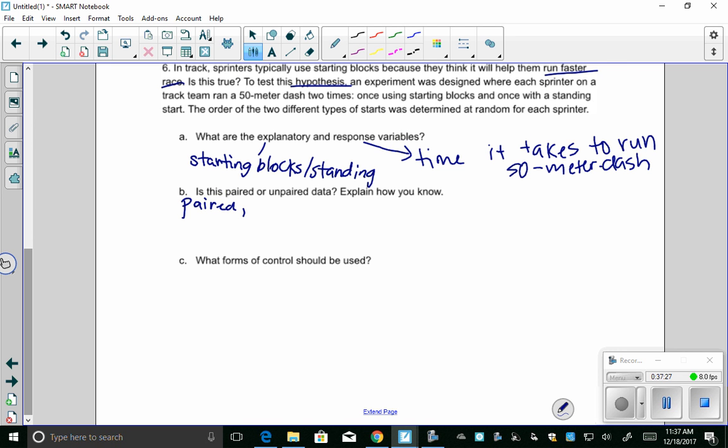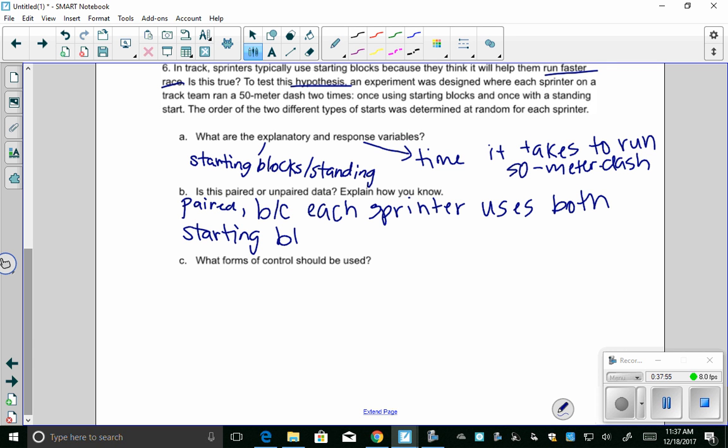Why? Because each sprinter uses both starting block and standing.